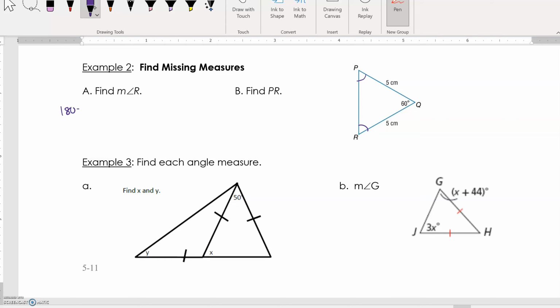We know that 180 minus 60 is 120, and we divide that by 2, we end up with 60, which means we have an equiangular triangle. And if we have an equiangular triangle, then we know automatically it's also equilateral, so we know that PR has to be 5 centimeters also.